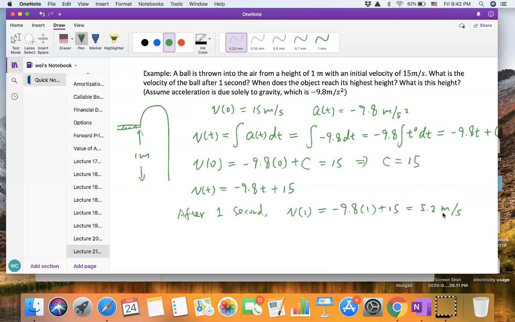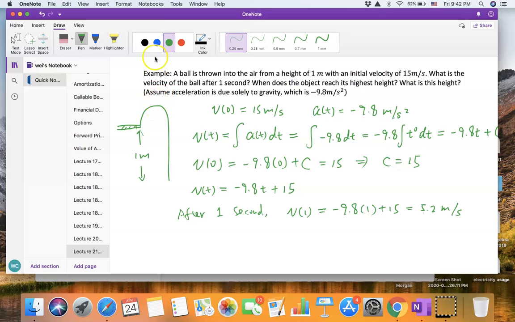Okay. Now the second question is when does the ball reach its highest height? When the ball reaches its highest height, what happens to the velocity is that the velocity of the ball will be 0. Because if the velocity of the ball is not 0, this ball will continue to move upward.